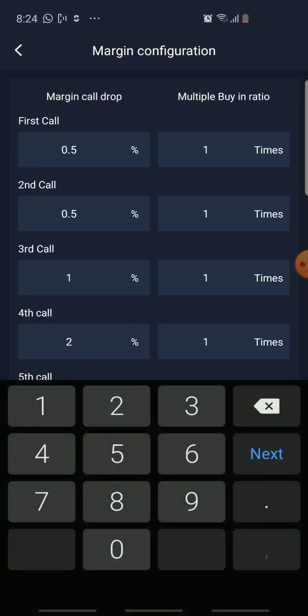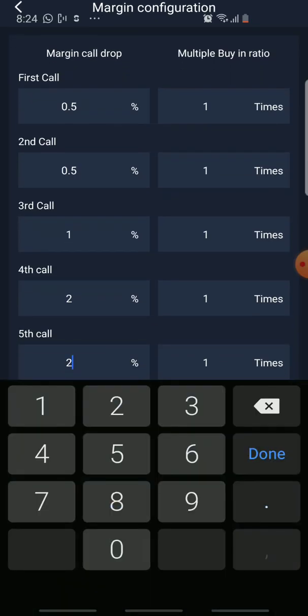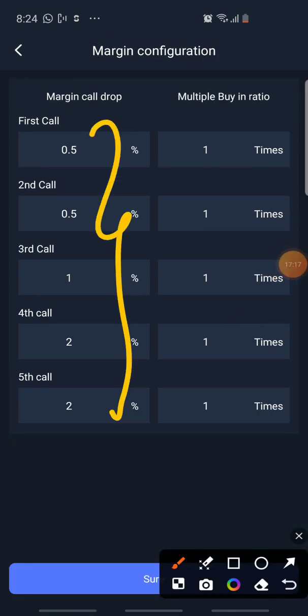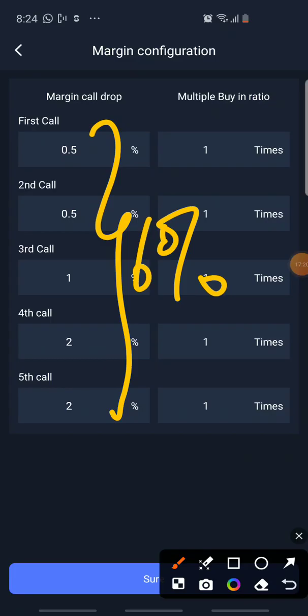When you add up, the total gives us 4. Then here I put 2 again. When I add up, this is a total of 6%, meaning I have set my bot to buy the margin calls over a drop of 6%.